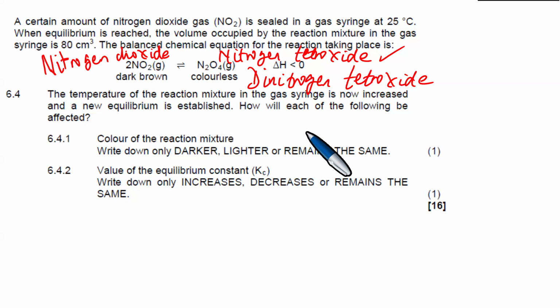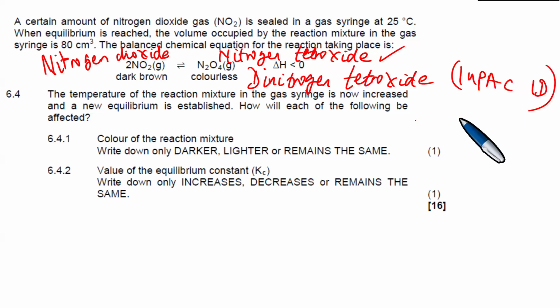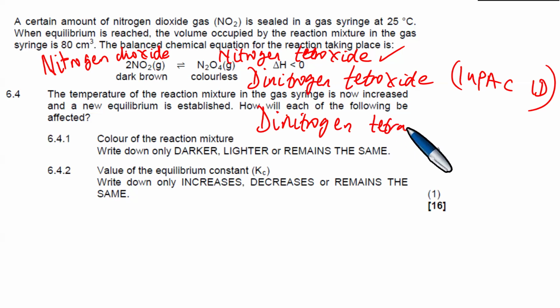Right, but what is the IUPAC name? There's something we call the IUPAC ID. The IUPAC ID is dinitrogen tetroxide, or strictly speaking, dinitrogen tetraoxide.